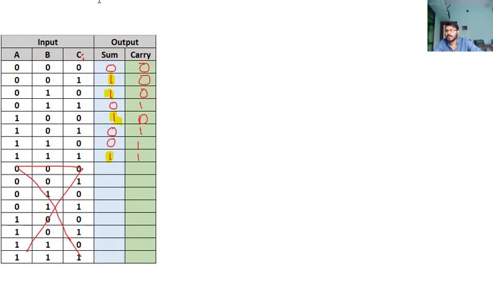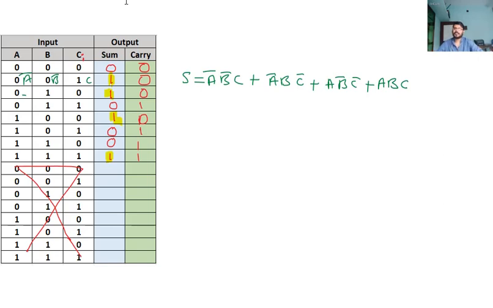The fundamental product from here will be A complement, B complement, C. So the sum is equal to A complement, B complement, C plus A complement, B, C complement, then A, B complement, C complement, plus A, B, C. So this will be the expression for sum.